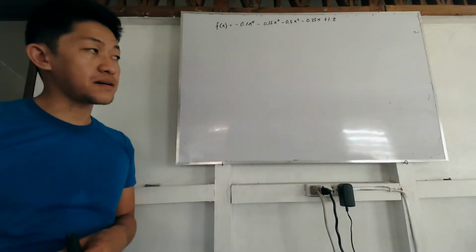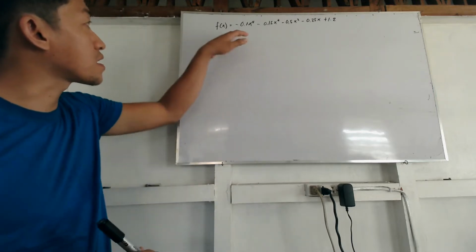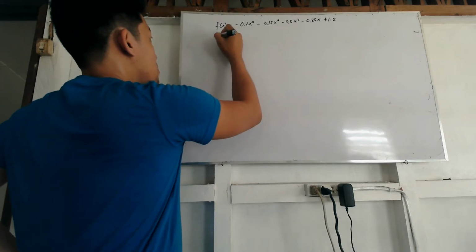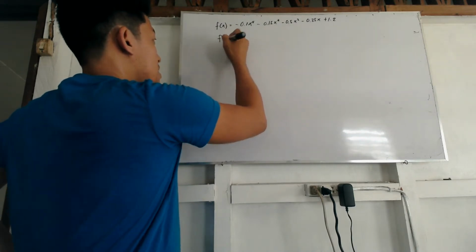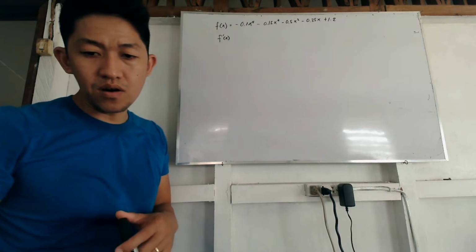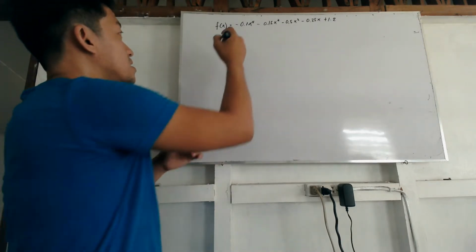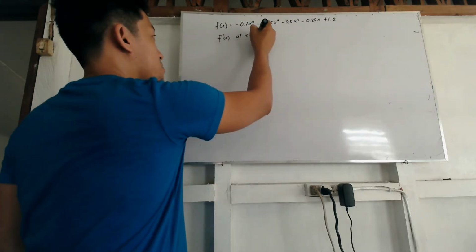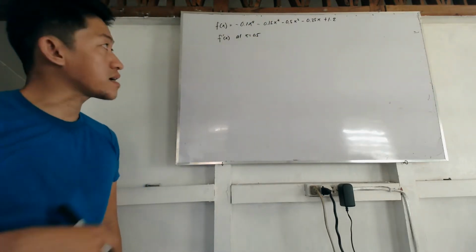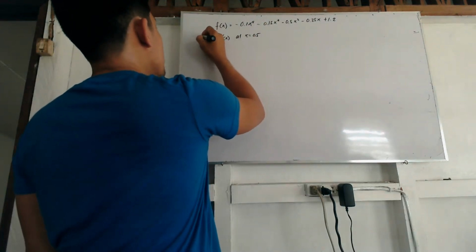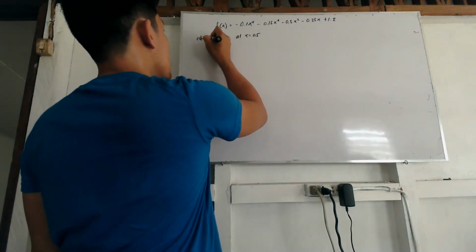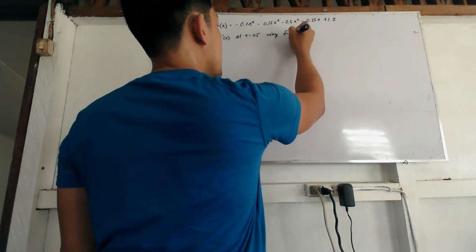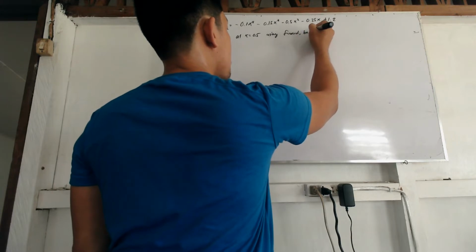Okay, so let's have an example and we'll use this function. And our objective is to estimate the first derivative of the function at x is equal to 0.5, using forward, backward, and center difference.